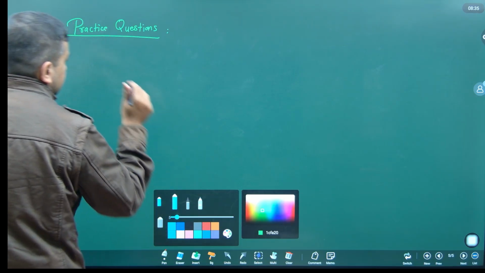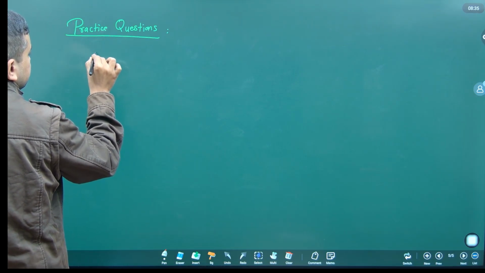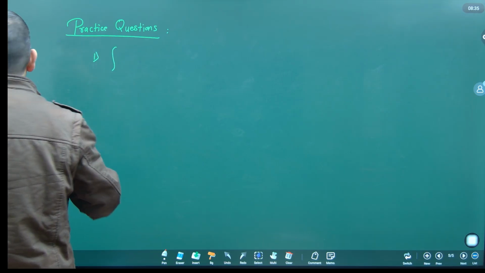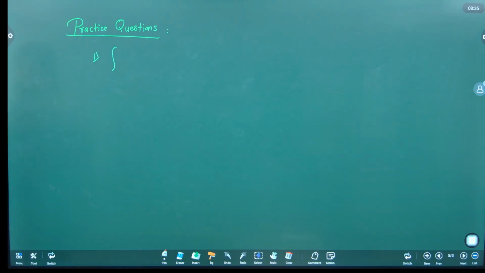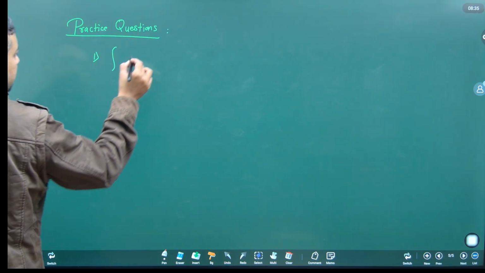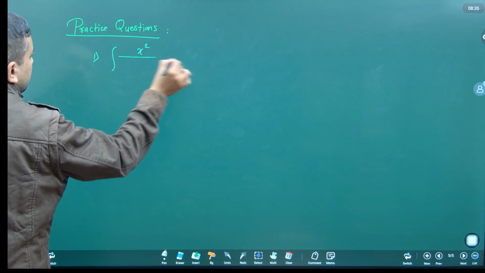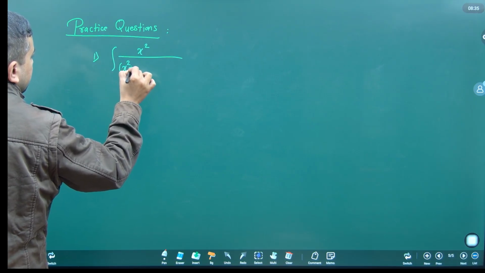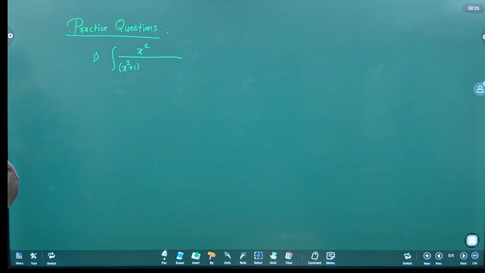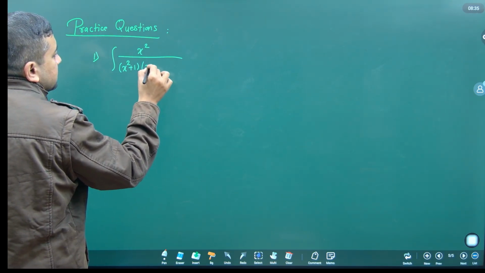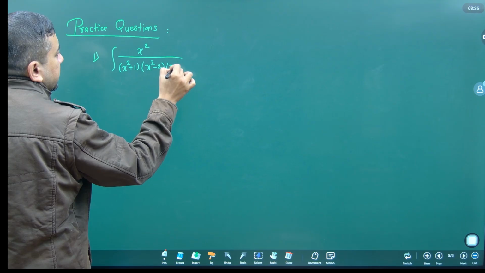Question number 1 is the integral of x square upon (x square plus 1)(x square minus 2)(x square plus 3).